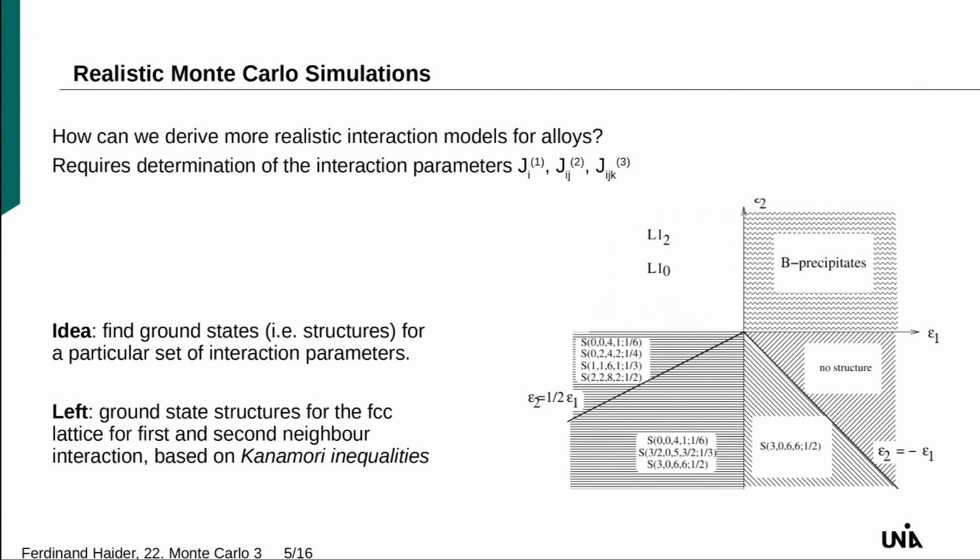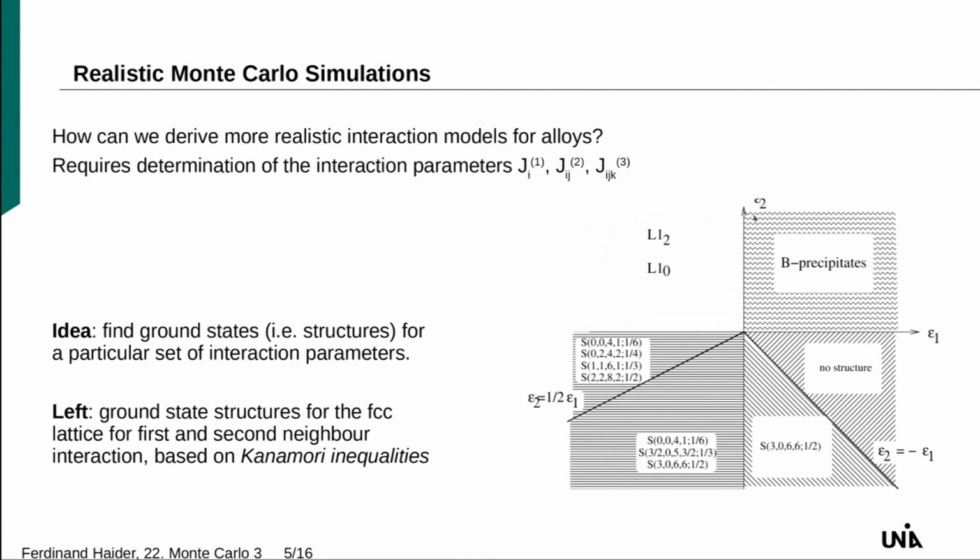And here's something else I remembered when I prepared this talk, what I tried to understand a long time ago. An even simpler approach, if you have just two pair interactions, epsilon 1 and epsilon 2, so first and second neighbor.